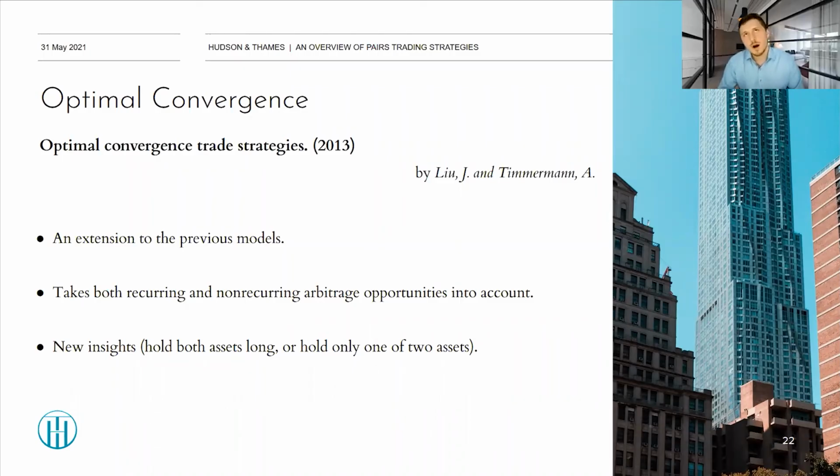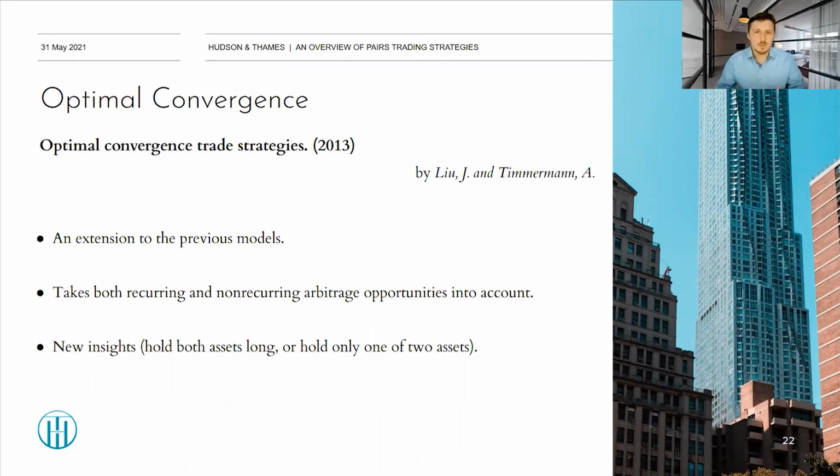However hard the derivation of these models may be, they actually show good results. It's also worth noting that these models take into account two opportunity types, recurring and non-recurring, which means that theoretically you can have a setting where you trade only once and get the most out of the trade, or you can trade multiple times and accumulate a lot from those trades. So there are solutions for both of them.